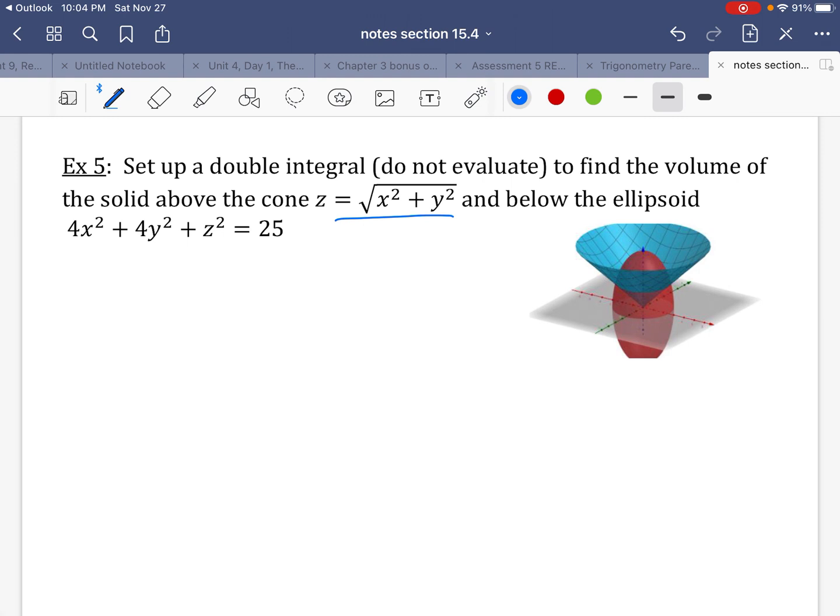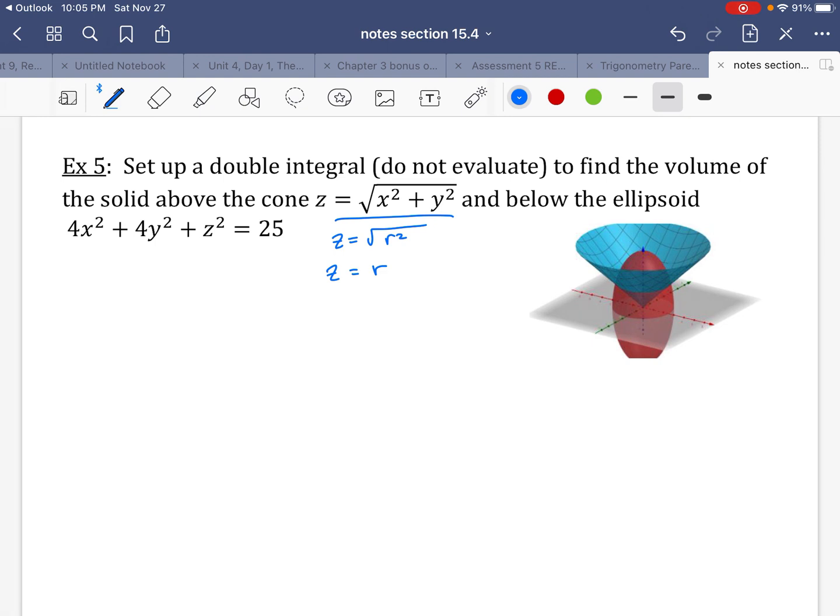That cone would be z equals the square root of r squared, because x squared plus y squared equals r squared, so z equals r. So that's the cone in polar world.